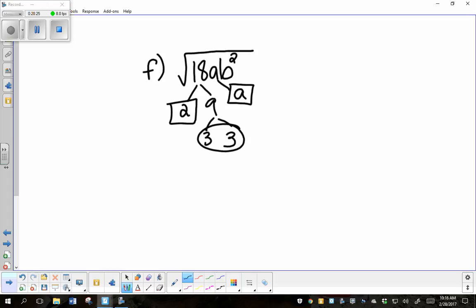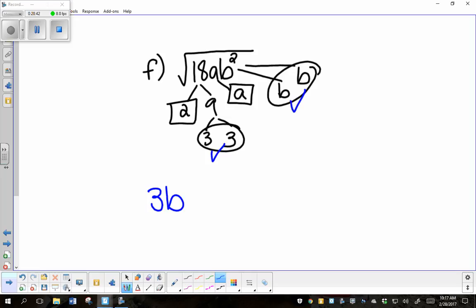And then B is B times B, and he's a pair. So on the outside, I've got the 3B. You only write them once on the outside, even though we circled 2 of them. And then on the inside of my square root, I've got 2A.